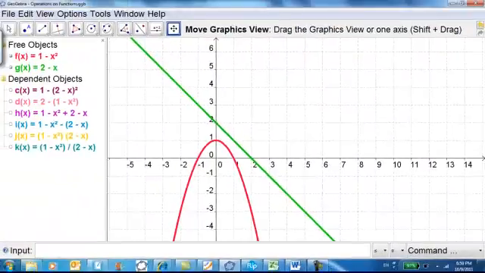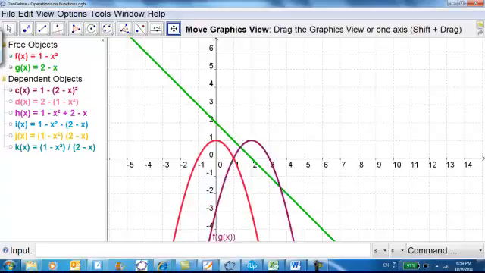Now, composing functions. Here's our f of g of x. And notice with f of g of x, the domain of g of x, the inner function, is all reals.